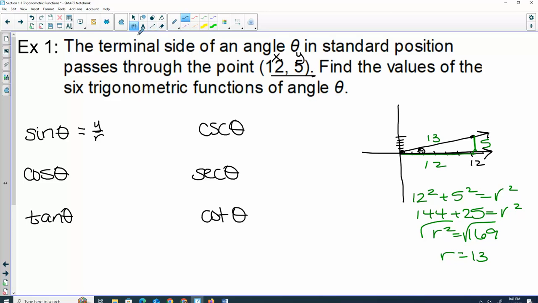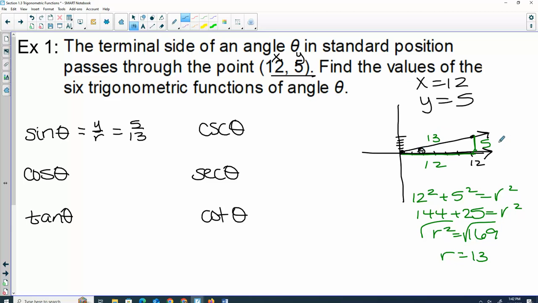So if I ask you to find y divided by r, we could look, okay, in this, I said my x is 12, my y is 5, my r is 13, so y divided by r is 5 over 13. Or if you didn't remember that, if you drew the picture, you could think SOHCAHTOA. Sine is opposite over hypotenuse from this angle.